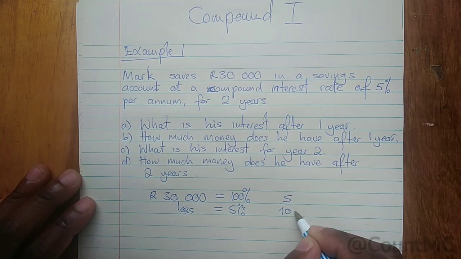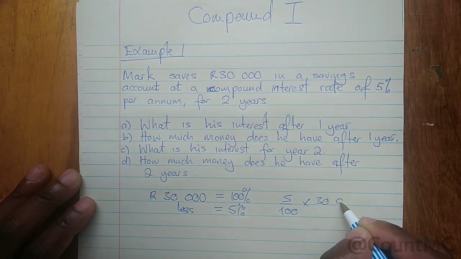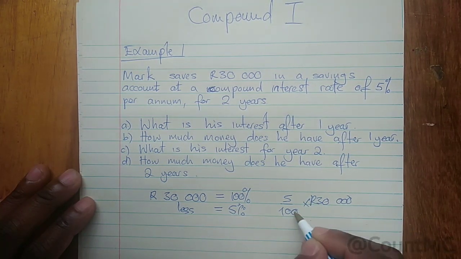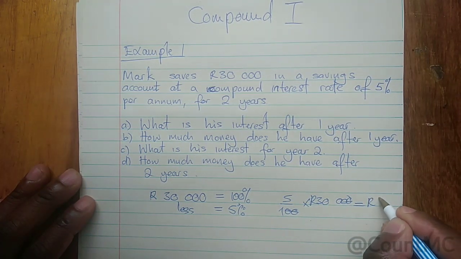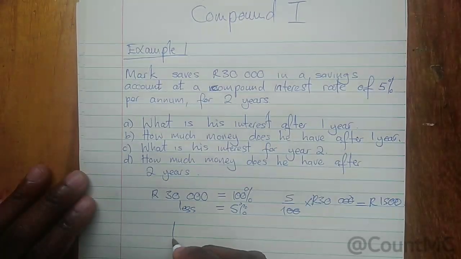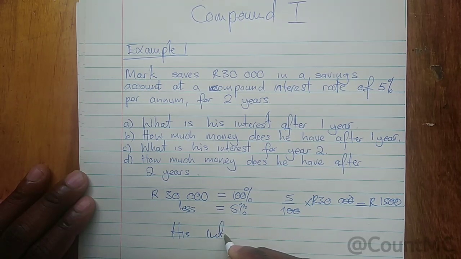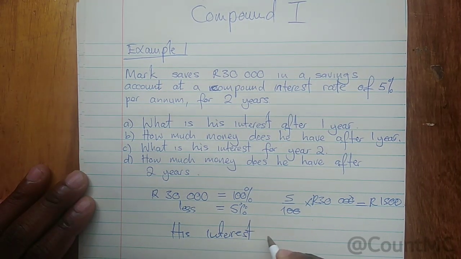So we say 5 over 100 times 30,000. 5 times 300 gets 1,500 rands. His interest is 1,500 rands.